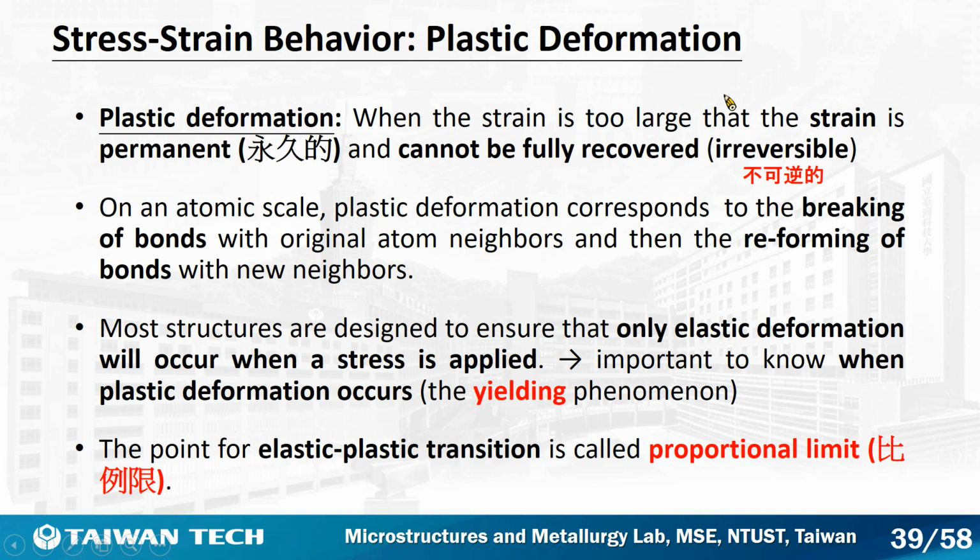And let's give some review of plastic deformation. I think all of you have learned it in the materials science and engineering course. Plastic deformation means that we use increasing stress, so we will have elongation, we will have strain.